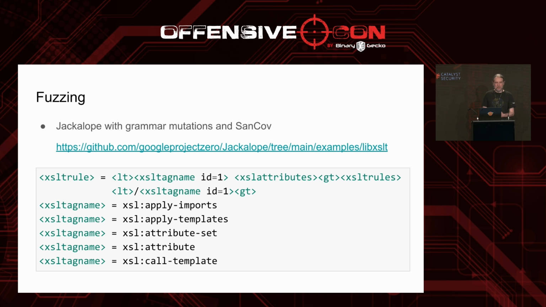But one thing that I think makes Jackalope especially applicable for this purpose is another feature, which is its mutational grammar engine. This engine isn't new, but I consider it underutilized, and I also never spoke about it at the conference. So I consider it fair to say a few words about it.